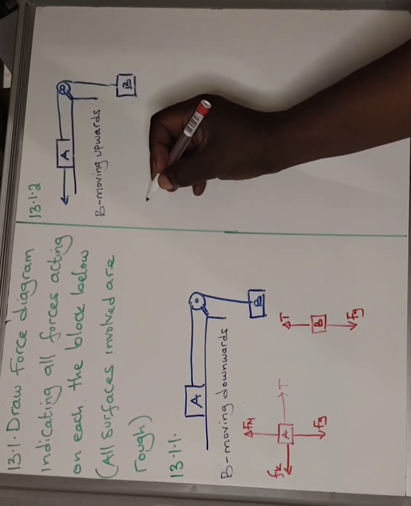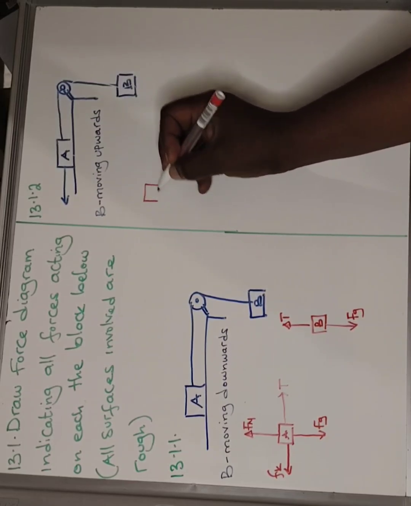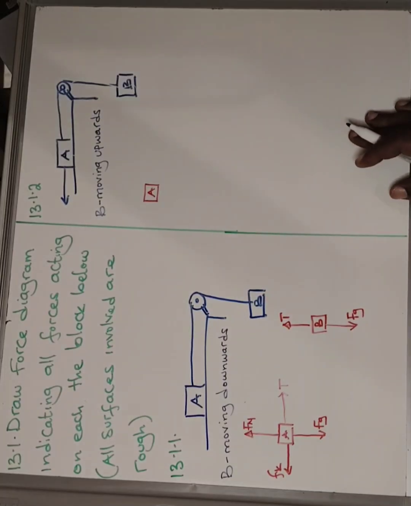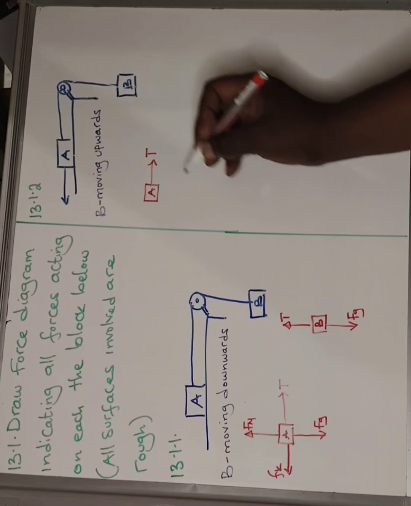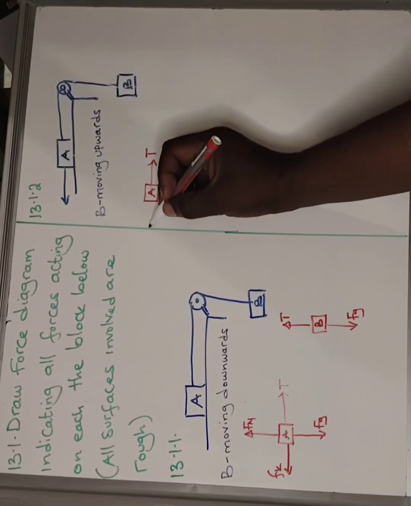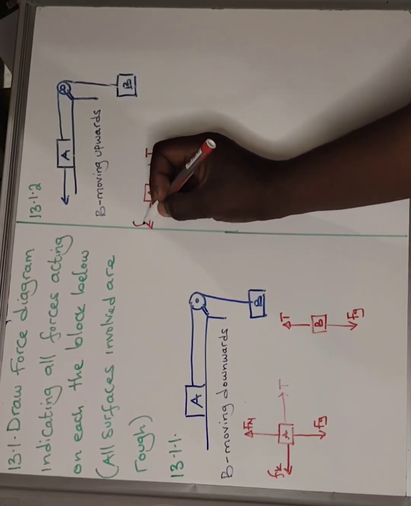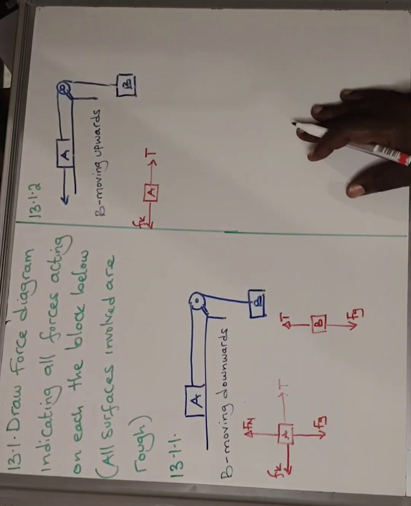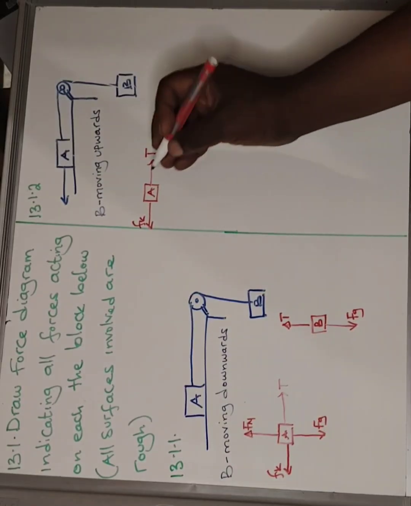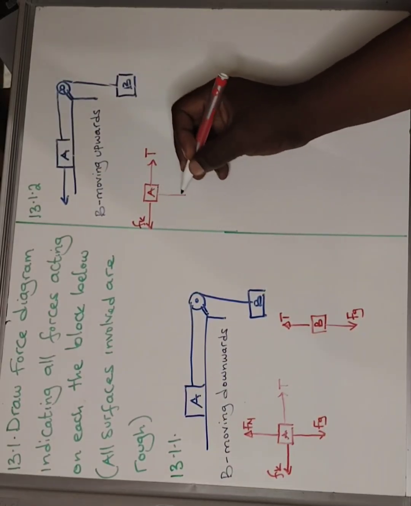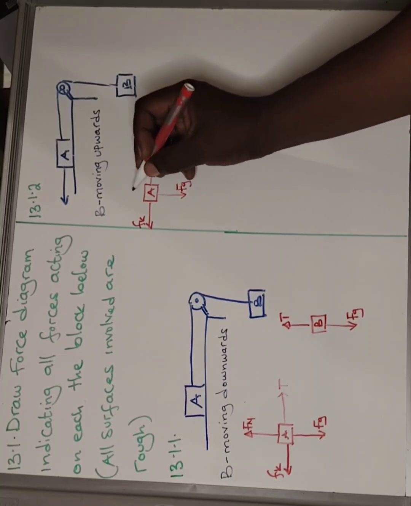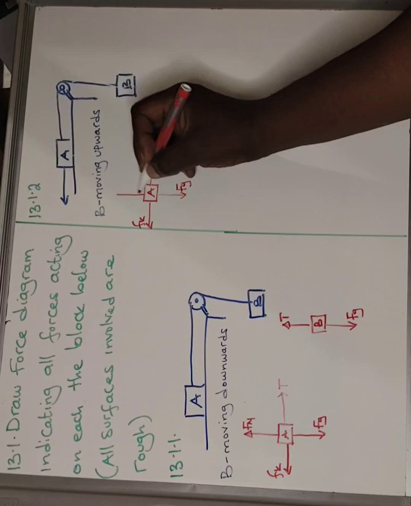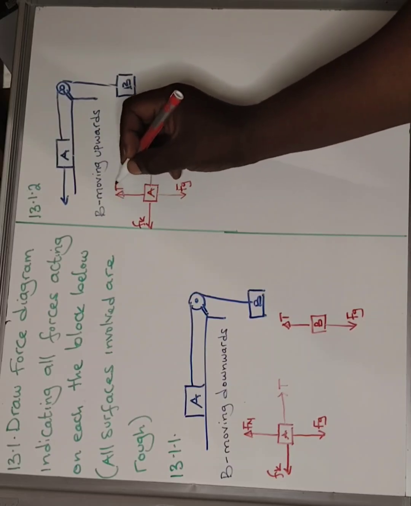Let us start with A. We have our body. Remember, it is a force diagram. This side, you have tension. And this side, you have Fk. What else is acting? We know our traditional Fg. And it is sitting on the ground, so we have our Fn.